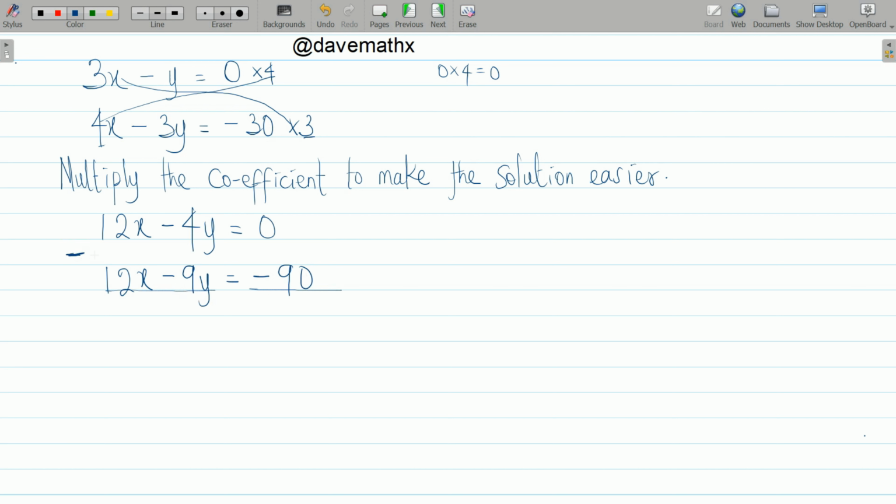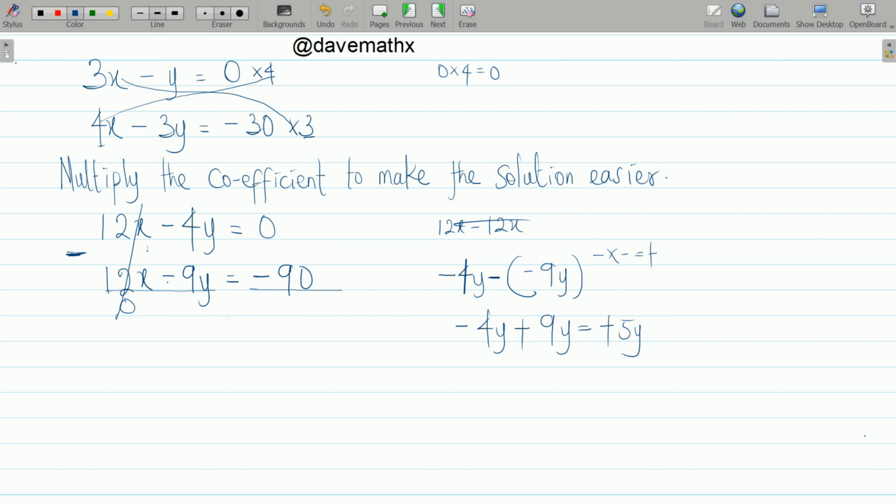I will be eliminating using subtraction. 12x minus 12x equals 0. Minus 4y minus minus 9y becomes minus 4y plus 9y, because minus times minus is plus. Then we have plus 5y.